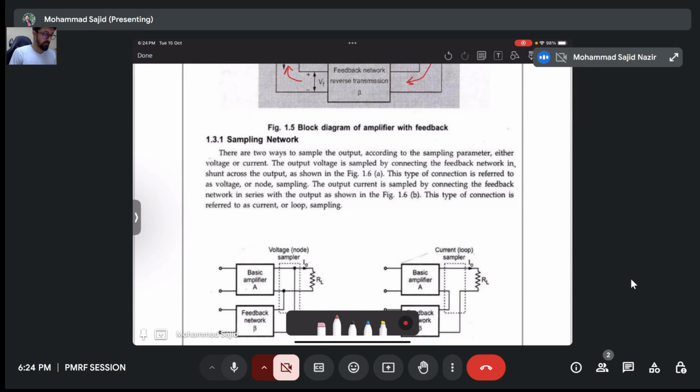So let's first discuss the sampling network. There are two ways to sample the output, right? Either voltage or current, according to the sampling parameter. So how is output voltage sampled? The output voltage is sampled by connecting the feedback network in shunt across the output.